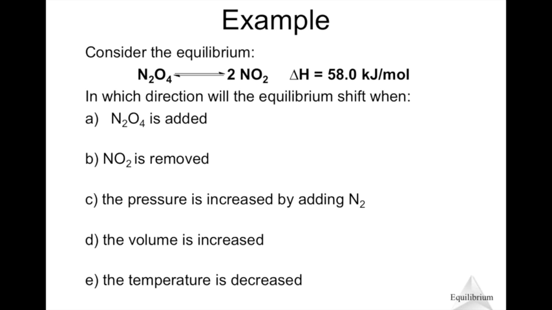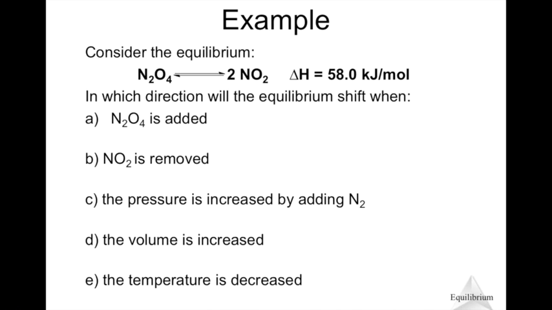So just some examples of figuring out which way equilibriums are going to be going. Here we've got our reaction, N2O4 can decompose into two NO2s, and our delta H is positive, so it means it's an endothermic reaction. We have to put heat in. So what direction will the equilibrium shift when we do each of the following? If we add N2O4, well, we're adding reactants.